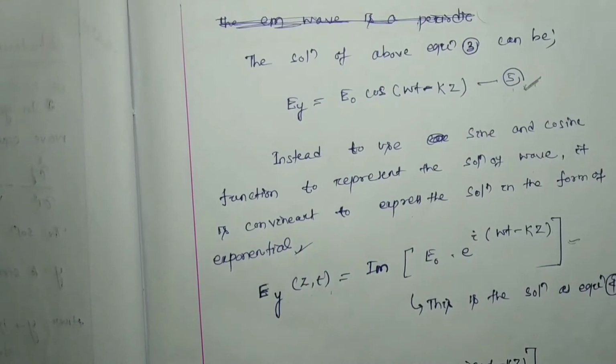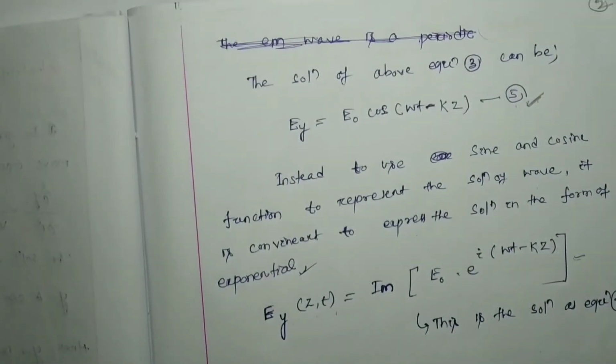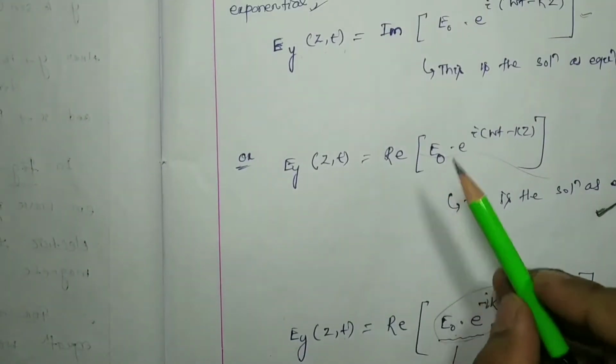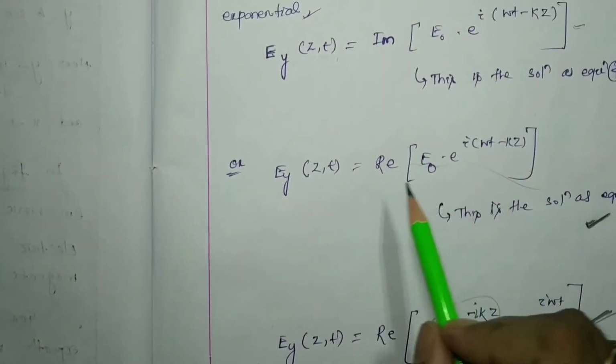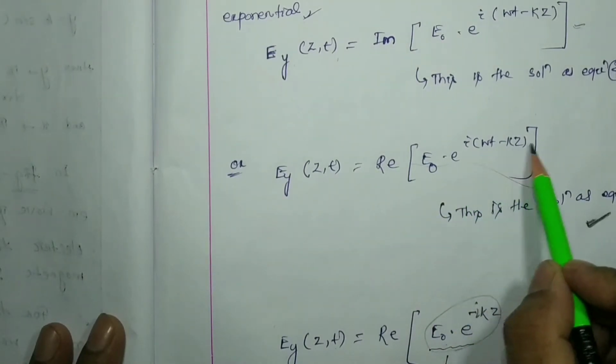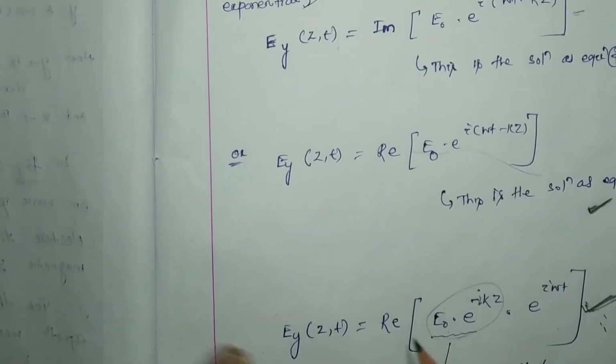Another thing you have to write: suppose we consider the real part of E0 into e to the power i(omega t minus kz).